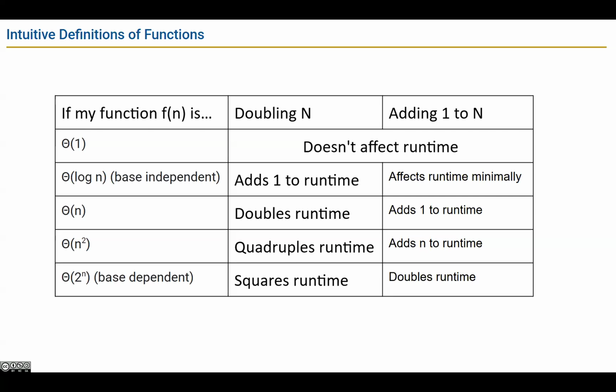So these are just general rules on how you might see functions. They're not rigorously proven here. You can show why they're true with a bit more math, but these are useful heuristics to see what your runtime function is.